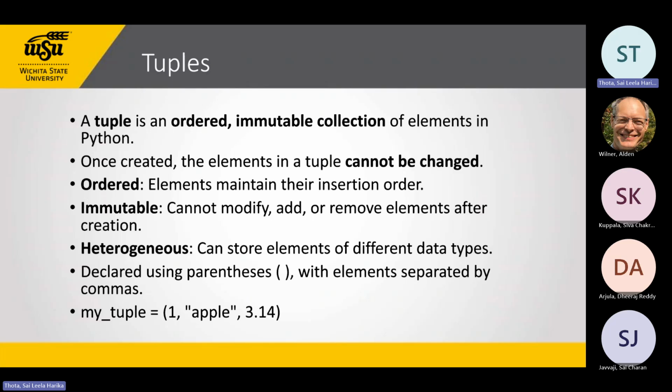They are declared using parentheses with elements separated by commas. Down here we mentioned an example like my_tuple equal to 1, apple, 3.14. If you see the tuple, it contains different data types. 3.14 comes under float, apple is a string, and 1 is an integer. So different data types can be mentioned in a tuple.